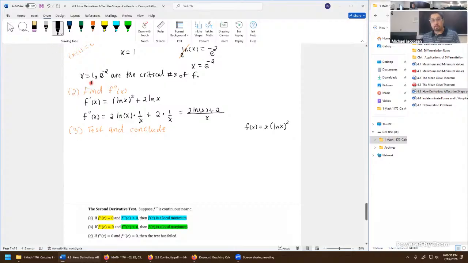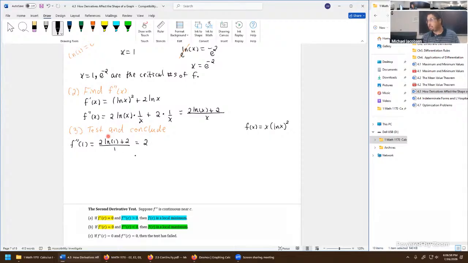So here are the critical numbers. We're going to take first f double prime at 1, that critical number. Here's f double prime. We simplified it to this stage. It's 2 natural log 1 plus 2 over 1. Natural log 1 is 0, so this is 2 times 0 plus 2 altogether. That means it's just 2.